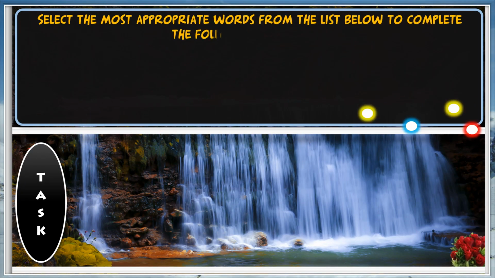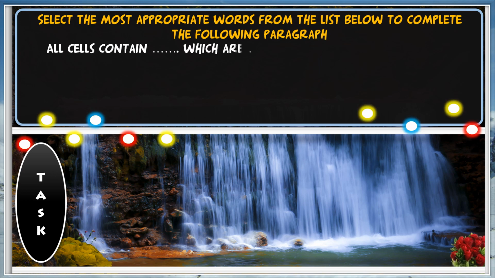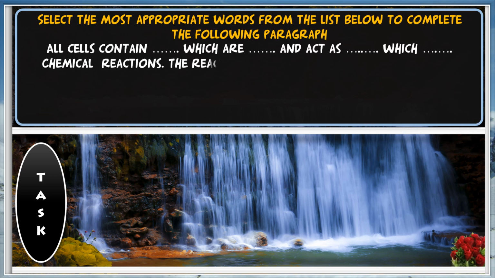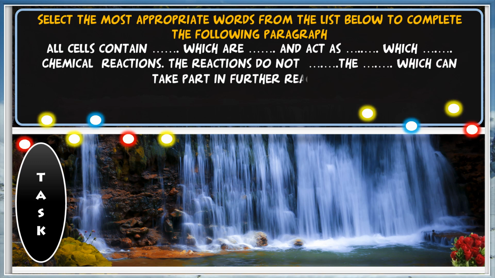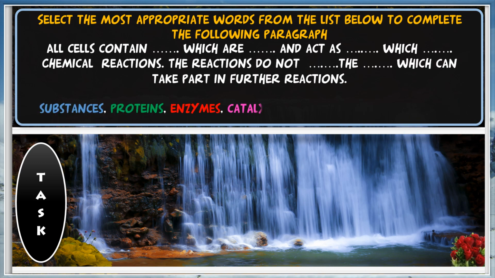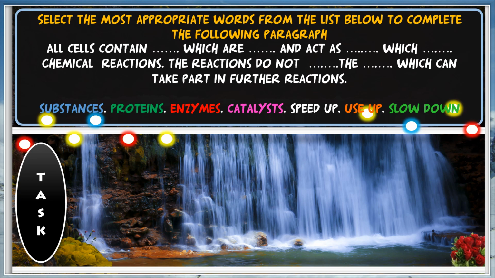Select the most appropriate words from the list below to complete the following paragraph. All cells contain dash, which are dash, and act as dash, which dash chemical reactions. The reactions do not dash the dash which can take part in further reactions.